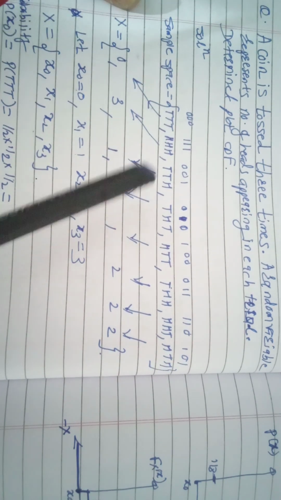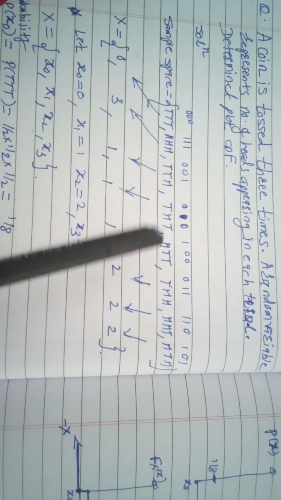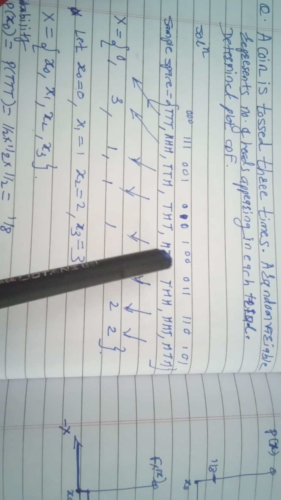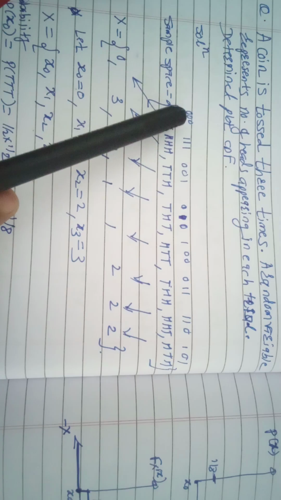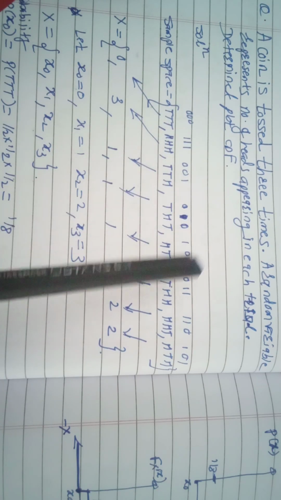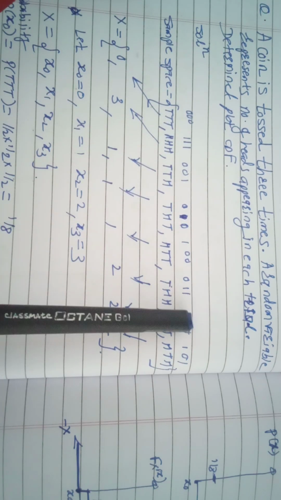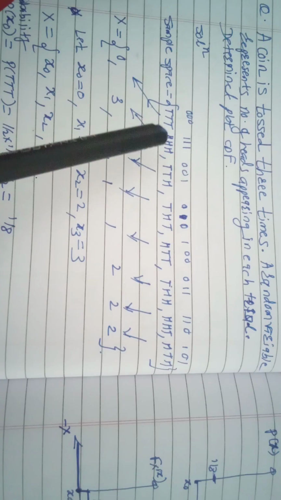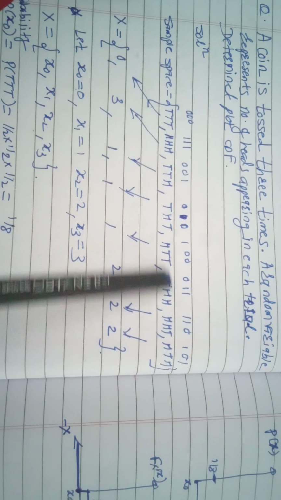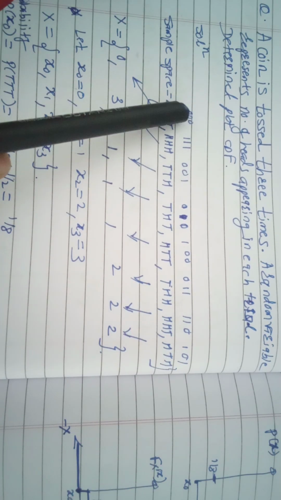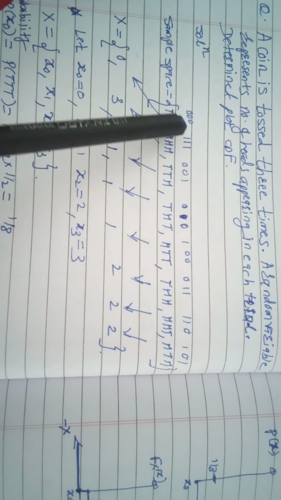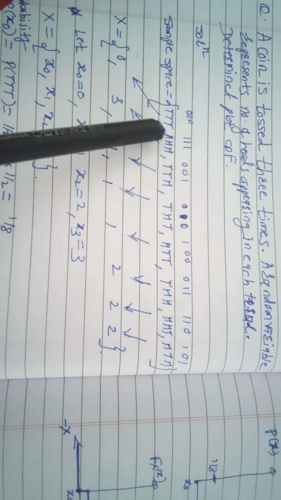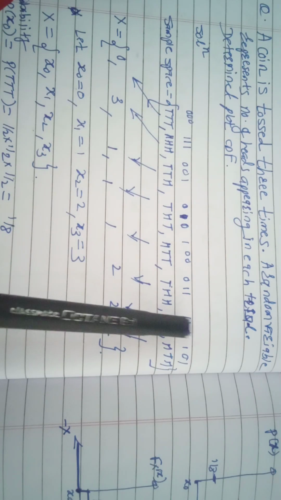Now the easy way to write this is to use the binary 3-bit representation of the numbers. Accordingly you can write these sample outcomes. You know that 000, then 001, 010, likewise, with 0 for tail and 1 for head. This is one method.